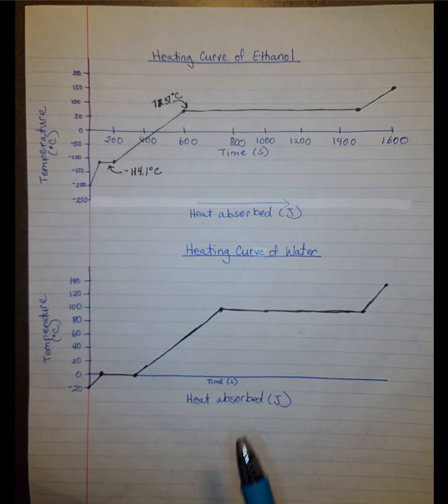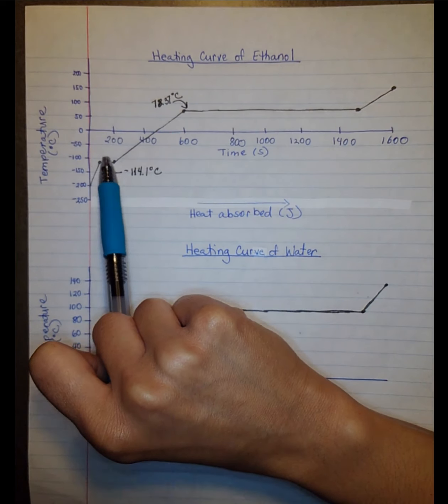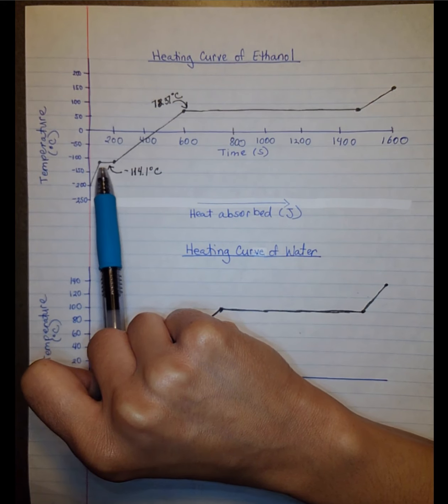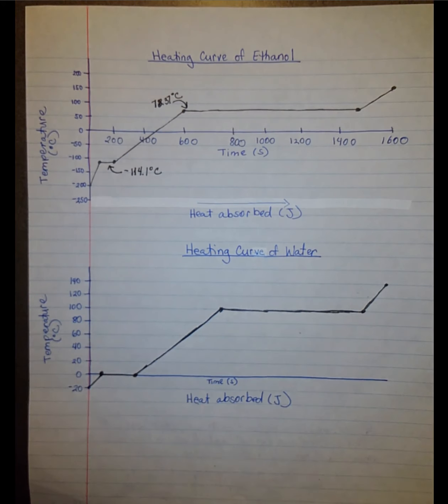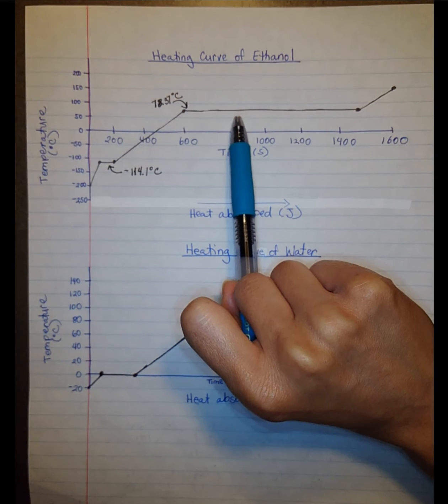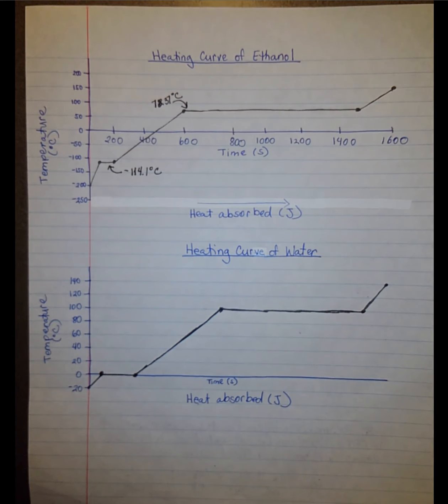But the second one is a little bit more difficult because if you look at this, the first phase change is occurring at negative 114.1 degrees Celsius. And then the second phase change is occurring at 78.37 degrees Celsius. So that's something that you don't know off the top of your head. You would need to go and look up this information.